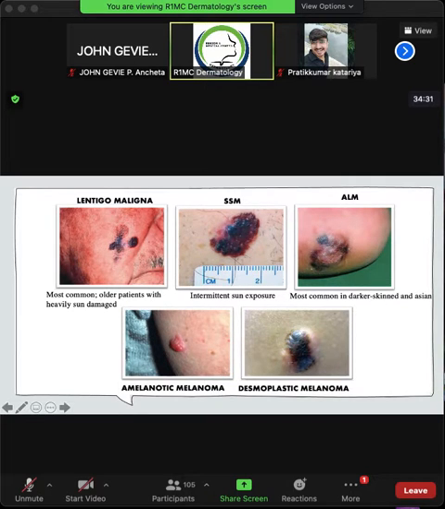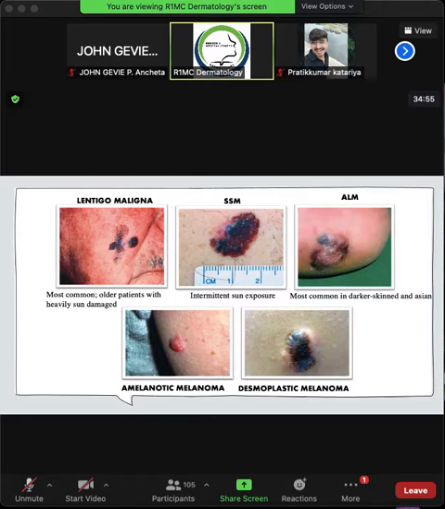Next is your superficial spreading melanoma. This was once the most common form of your melanoma, affecting adults of all ages, especially those in the fifth decade of life. Unlike your lentigo maligna, it occurs most often on intermittently sun-exposed areas.